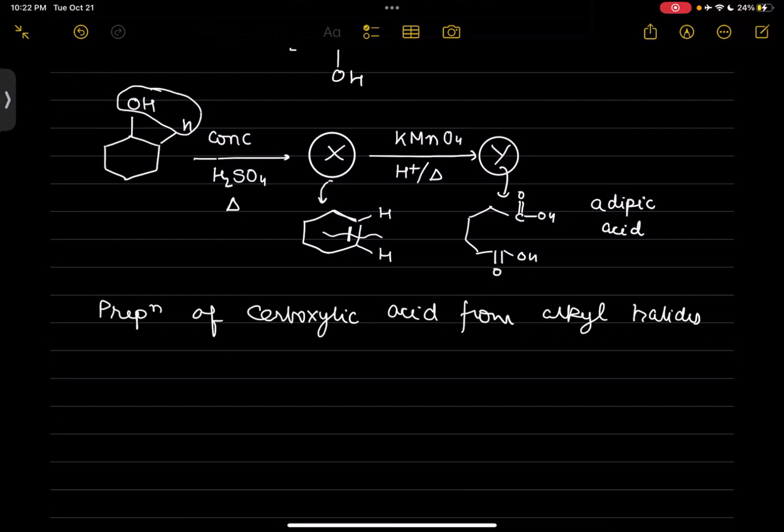Any idea? Suppose I ask you, this is the alkyl halide.